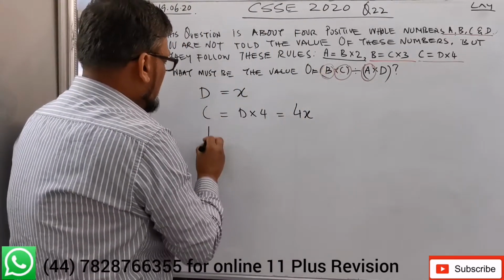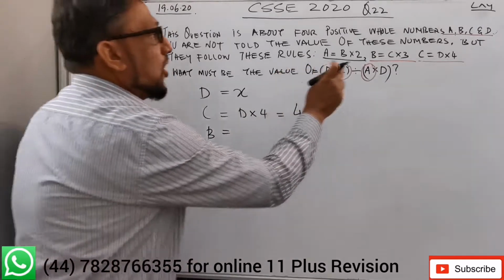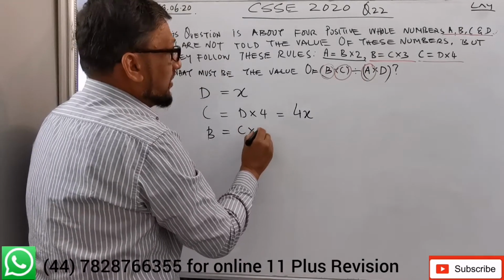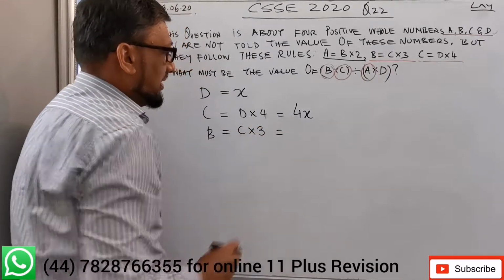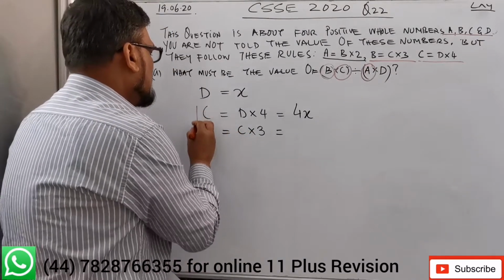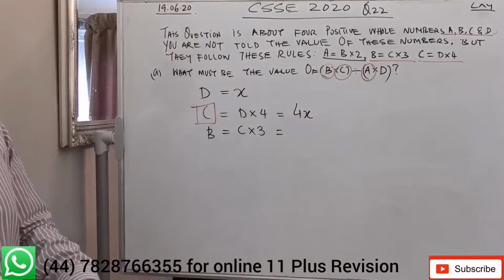Now I'm going to find B. So B equal to C times 3. Look at this one. We know the value of C equal to 4X.